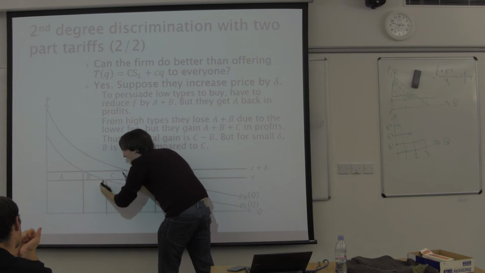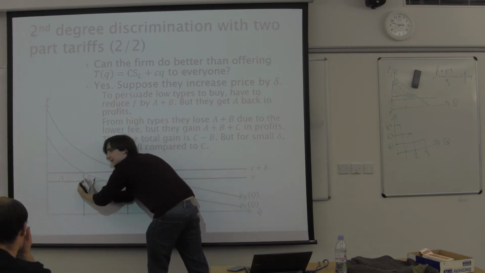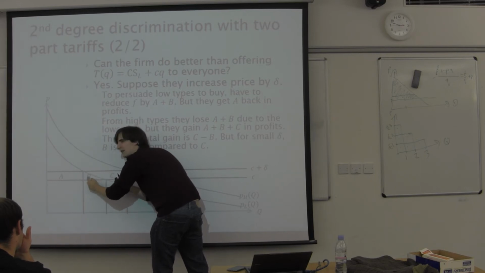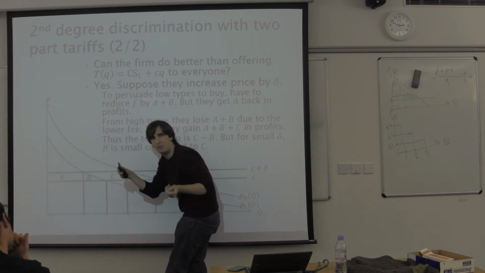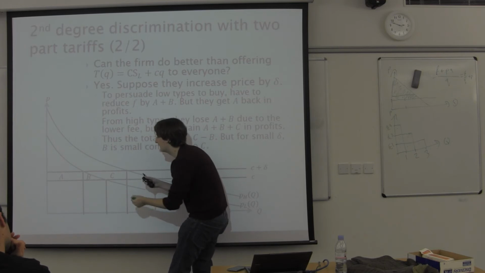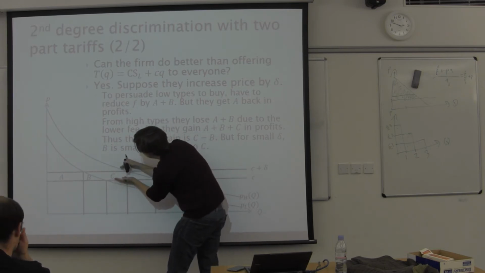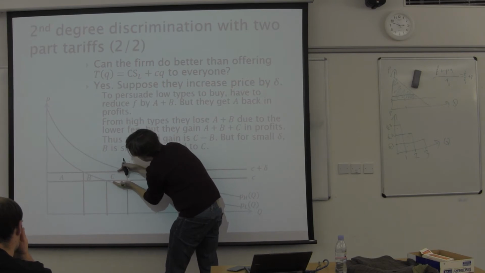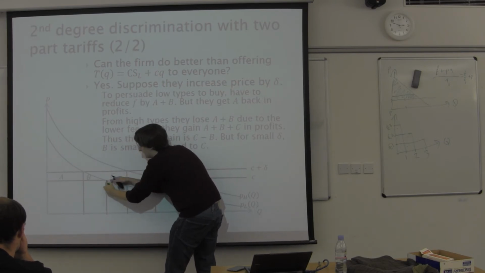So the thing is, as delta decreases, this distance decreases and this distance decreases. So the area of this triangle is going to be something proportional to delta squared. Whereas as delta decreases, the area of this thing C is going to stay.